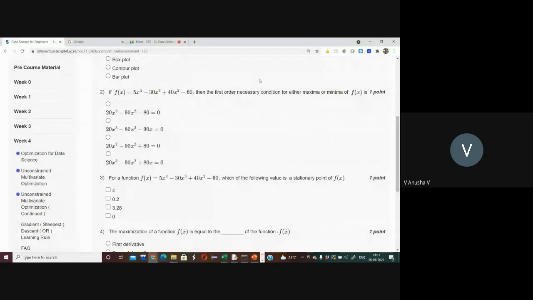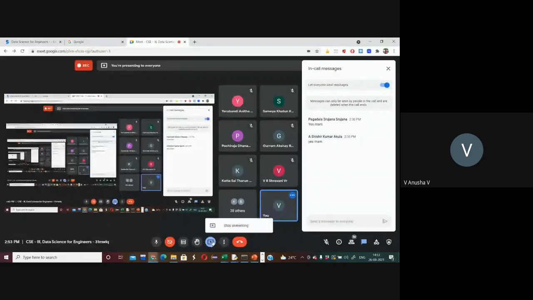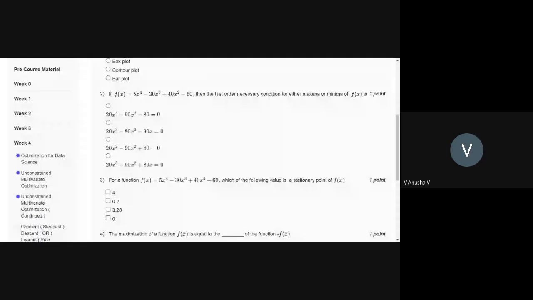What will be the answers for second and third? Is it clear what you need to do? Come on, give me the answers for second and third, guys. You need to solve these according to the way I told you now and give me the answer.